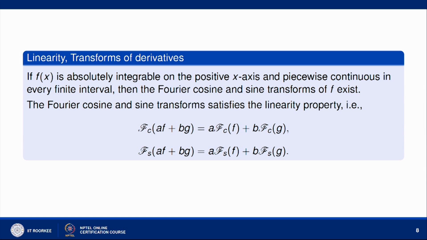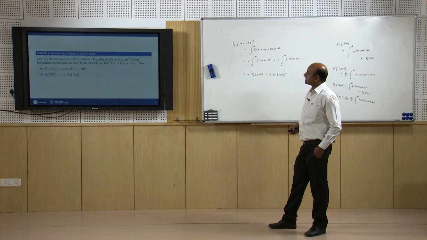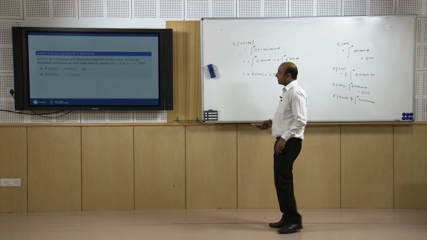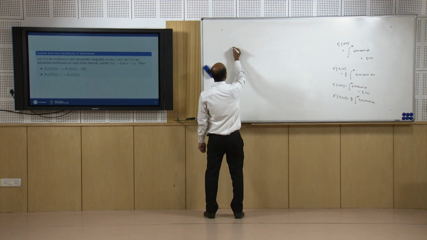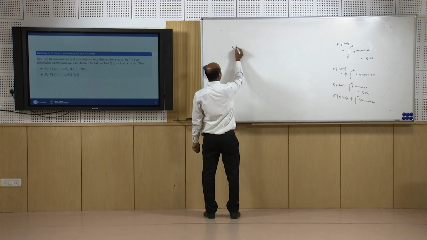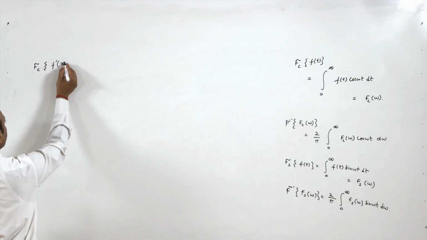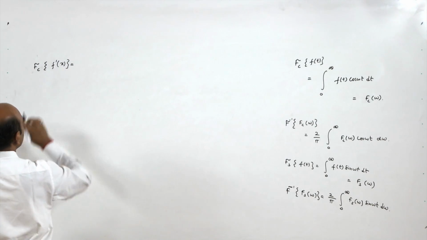Now, suppose a function is continuous and absolutely integrable on the positive side of the x axis, and f' is piecewise continuous on each finite interval. And suppose f(x) tends to 0 as x tends to infinity, then these two results hold. Let us derive these results. What is the Fourier cosine transform of f'(x)?